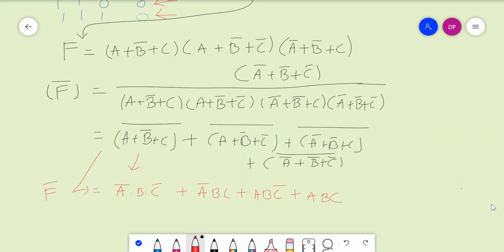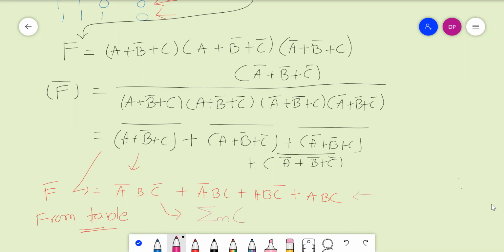F complement. So from the table, if we find F complement, F complement is equal to the sum of A bar B C bar, which means 0 1 0.